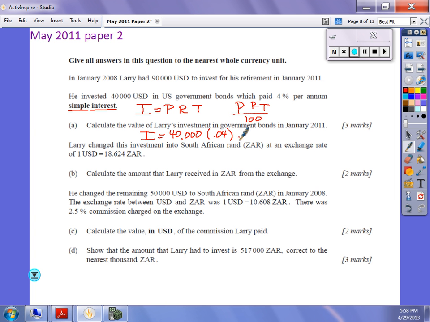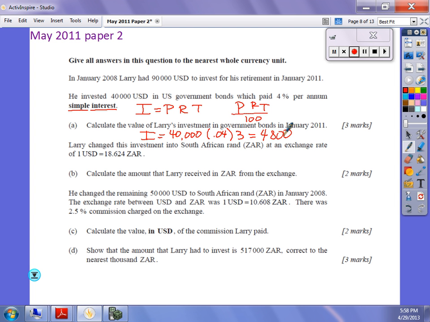From January 2008 to January 2011 is 3 years. So the interest that Larry has accrued during his 3-year investment is, with a calculator, $4,800.